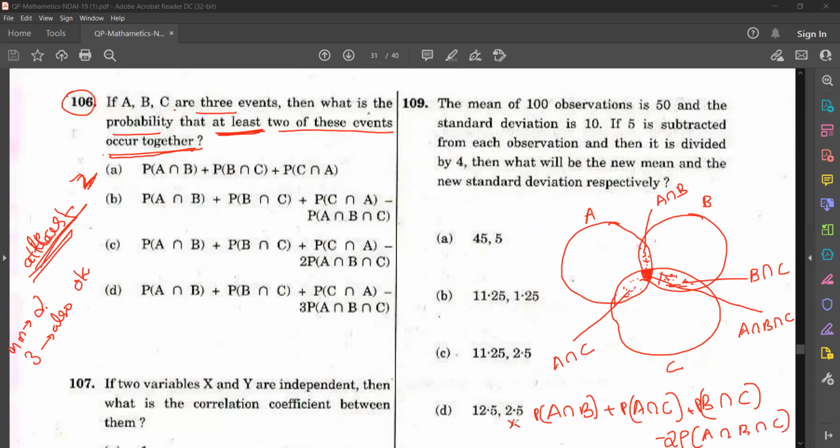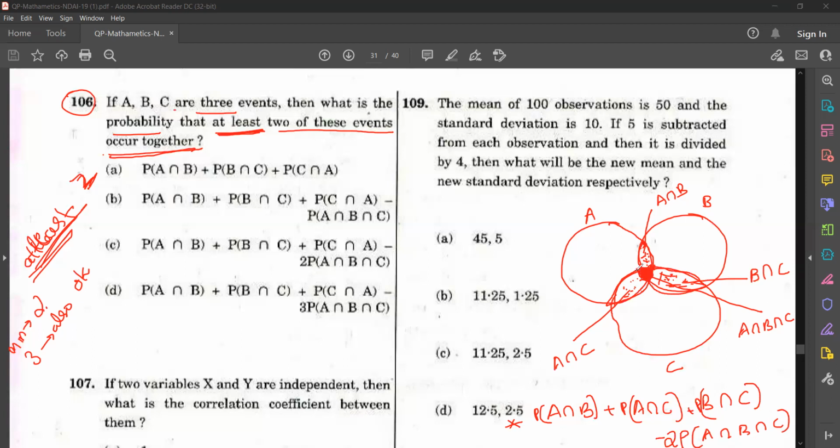Understood why? Reason is, when we are considering A intersection B, we are considering this portion also. Then when we are considering A intersection C, we are considering this portion. When we are considering B intersection C, then also we are considering this portion.